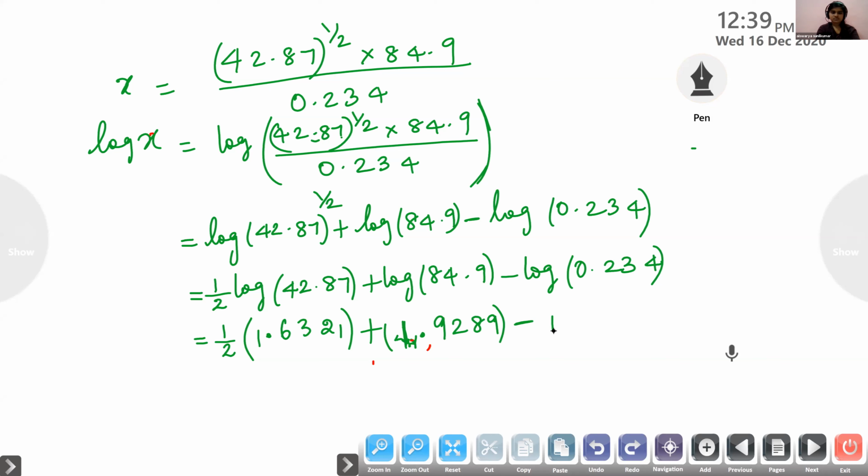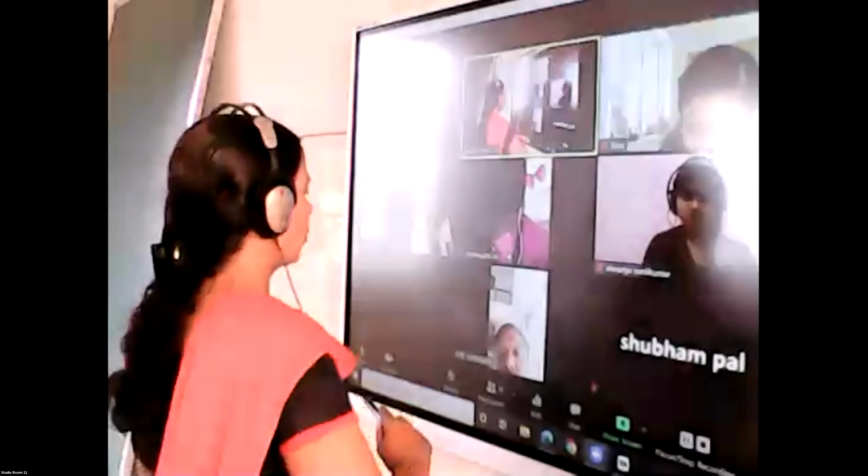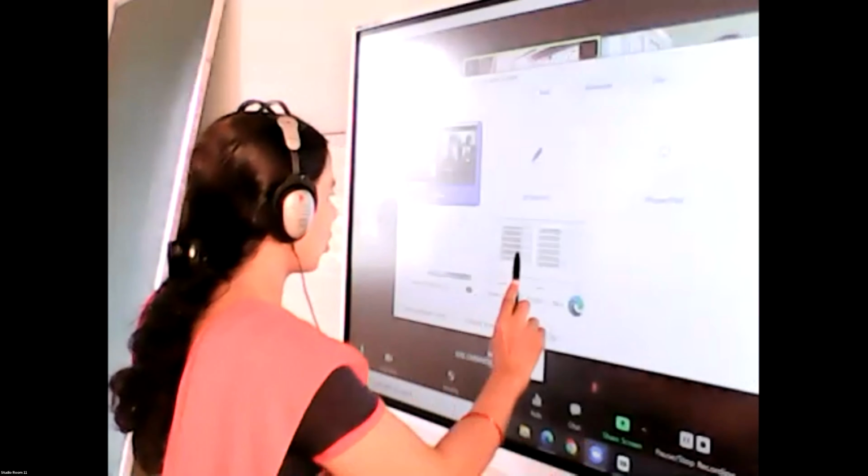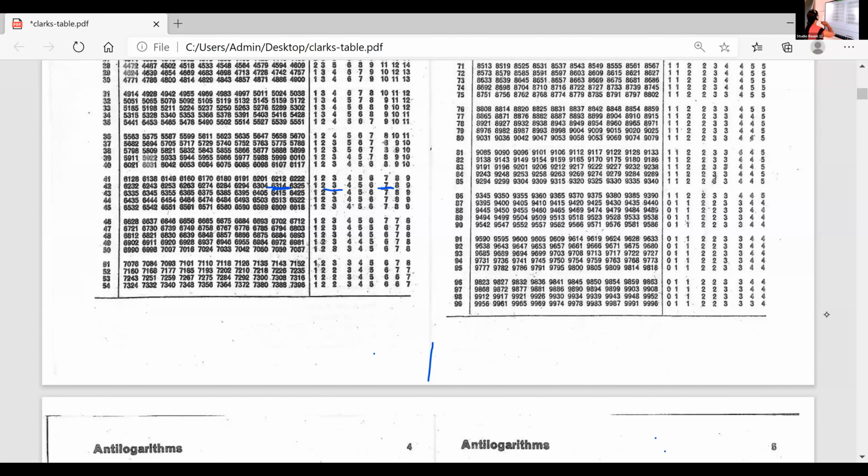Very good. -1 we will write as 1 bar. 1 bar point 234. We have to take the log of 234.